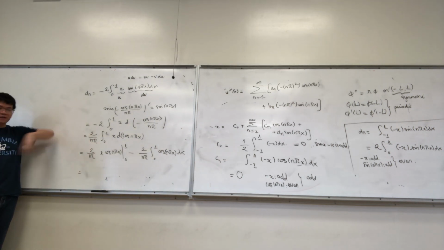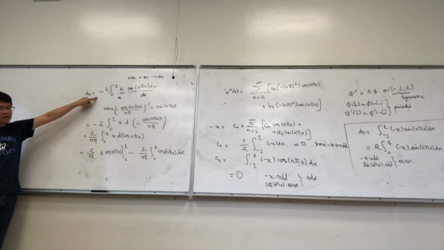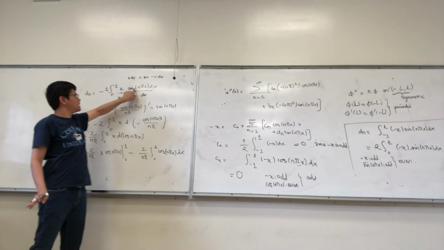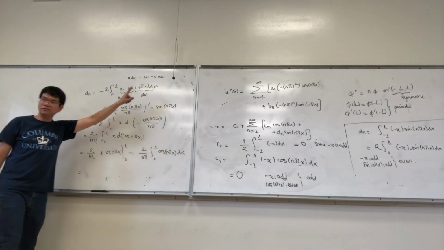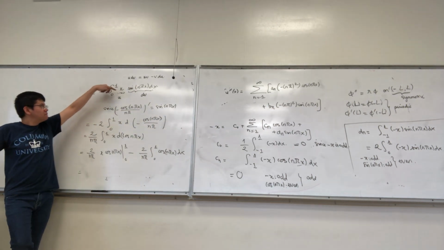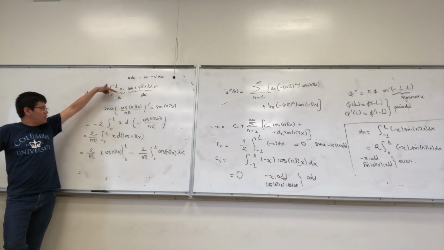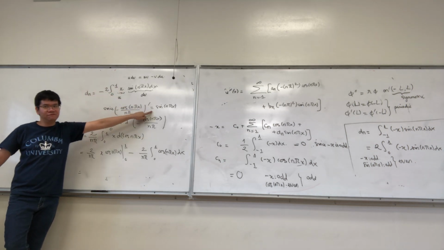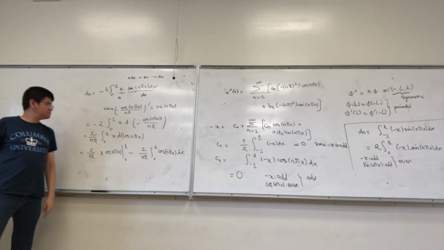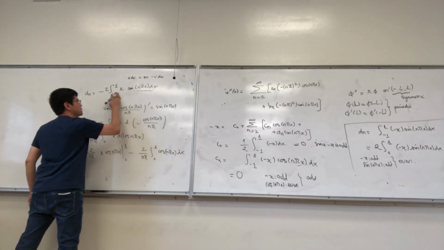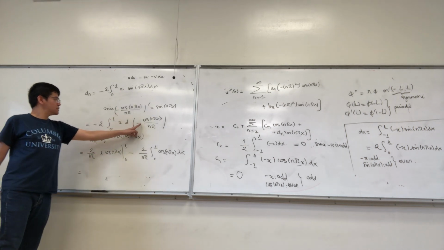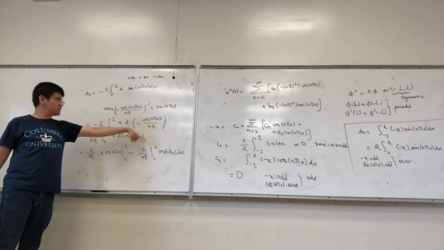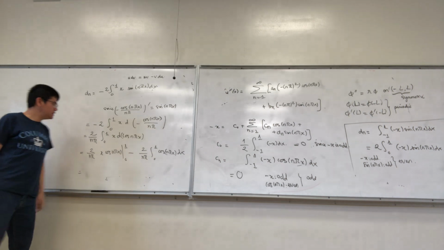Is it okay? I'll explain again. Here I want to compute dn, which is minus 2 times the integral from 0 to 1 of x sine n pi x dx. I'm gonna use integration by parts. I observe that the derivative of cosine n pi x over n pi gives sine n pi x, which means I can write sine n pi x dx as d of minus cosine n pi x over n pi.